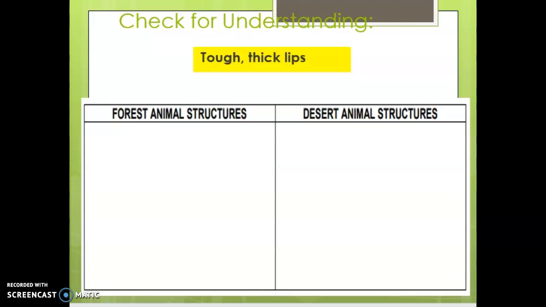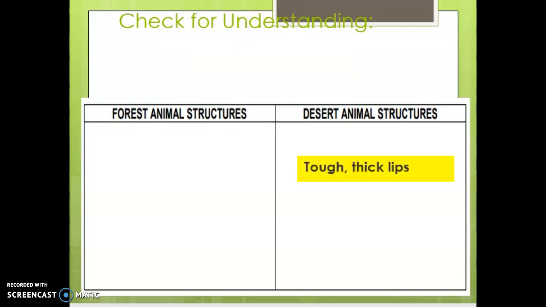Tough, thick lips. This is most helpful in the desert ecosystem. So some animals like the javelina have these thick, tough lips so they can munch and chew on hard plants like cactus.